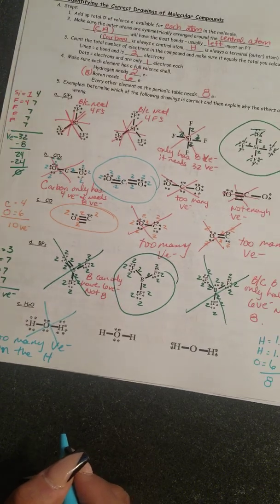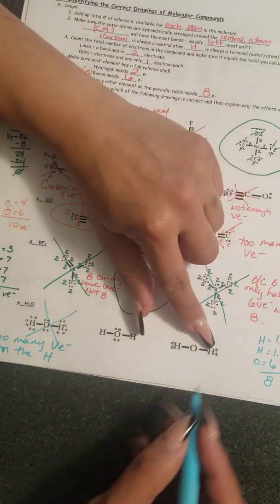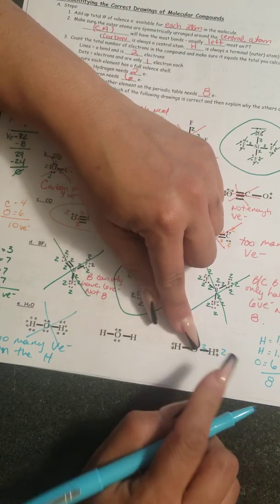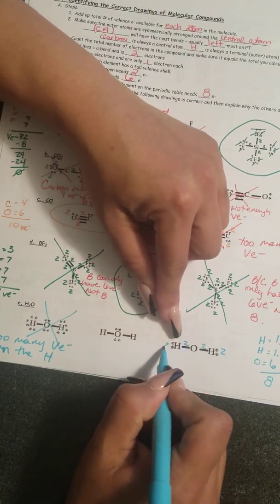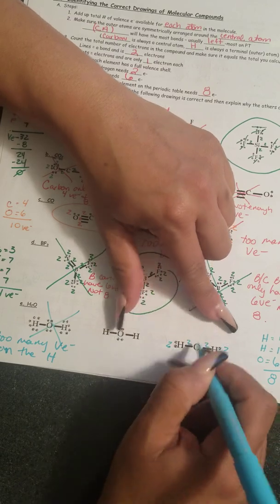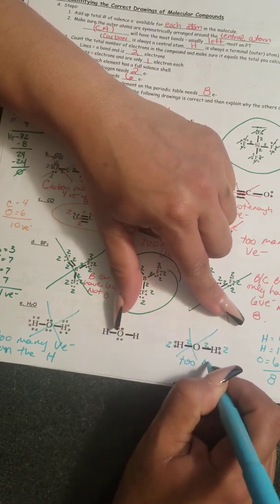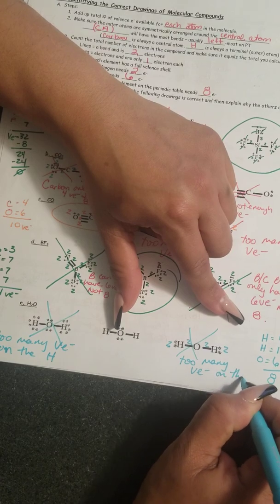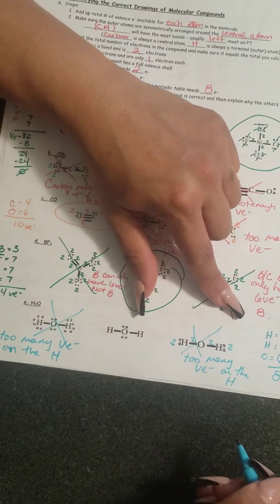Now, if we look over here too, this one has 2 and this one has 2. That means that this one hydrogen has 4. And this hydrogen has 2, and this one has 2. So it has 4 also. Again, too many valence electrons on the hydrogen atom.